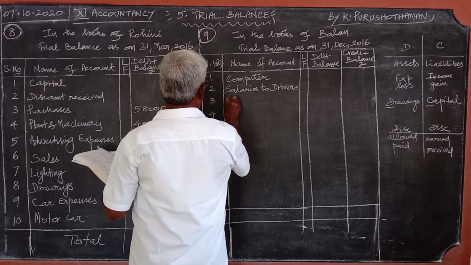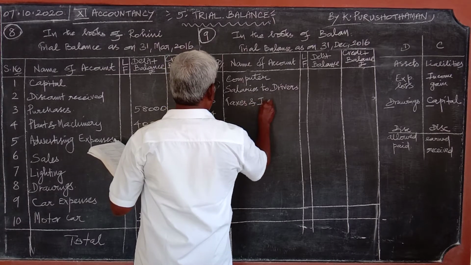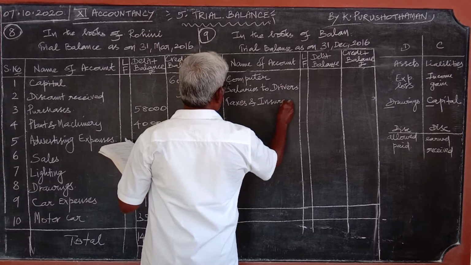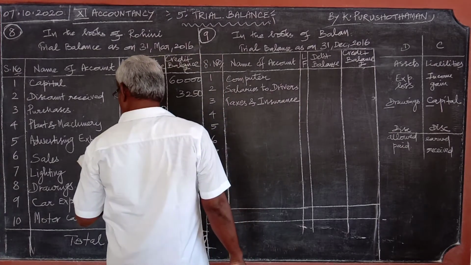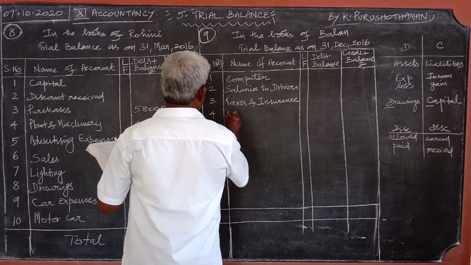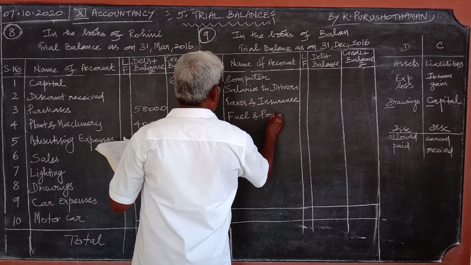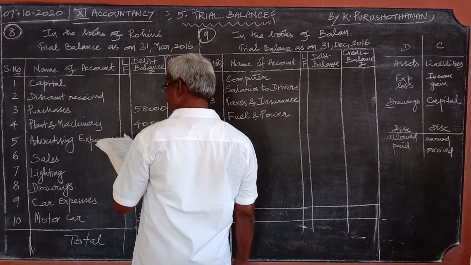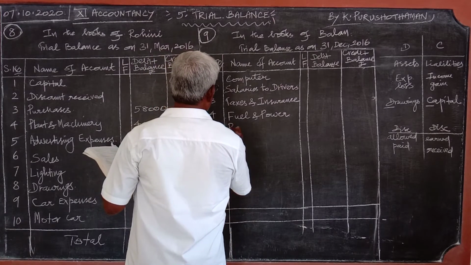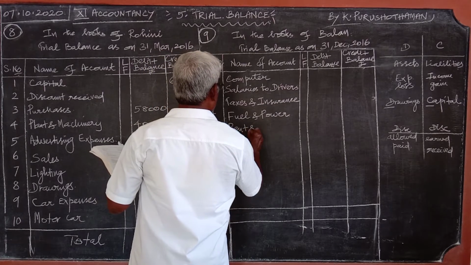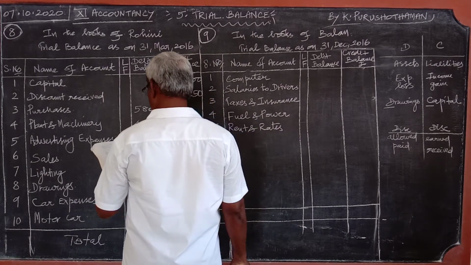Taxes and insurance. Then fuel and power. Fifth item, rent and rates. 6.